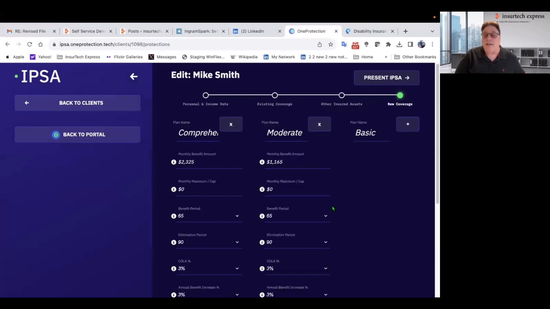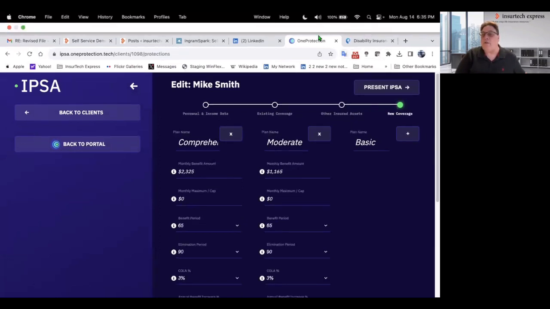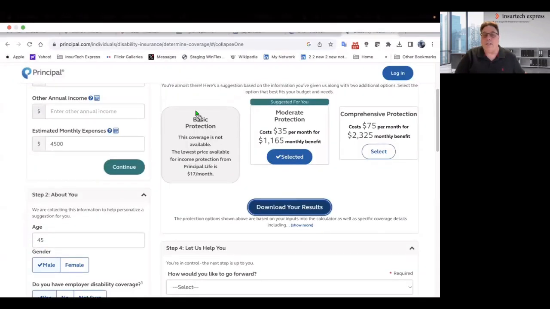Then we look at, well, what insurance are we selling him? What I did, just for the purposes of the demo, was go to Principal and enter in the same information about the client and look at moderate protection and comprehensive protection. The cost of the moderate is a $35 a month premium, not very expensive, which gives them a benefit of $1,165 a month.